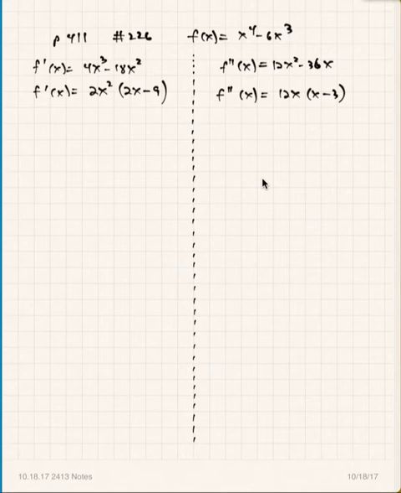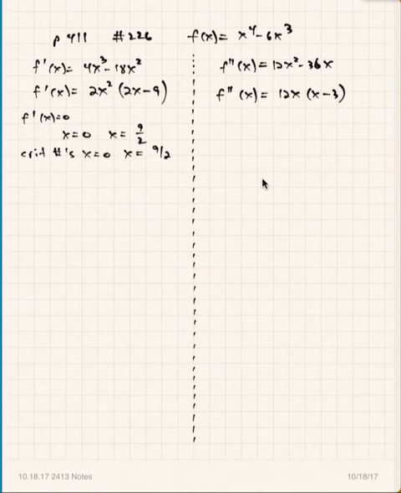All right, so if you're looking at the critical numbers, you're looking at where f prime of x is equal to 0. That would give you x equals 0 and x equals 9/2 from those two factors. And so our critical numbers are at x equals 0 and x equals 9/2.